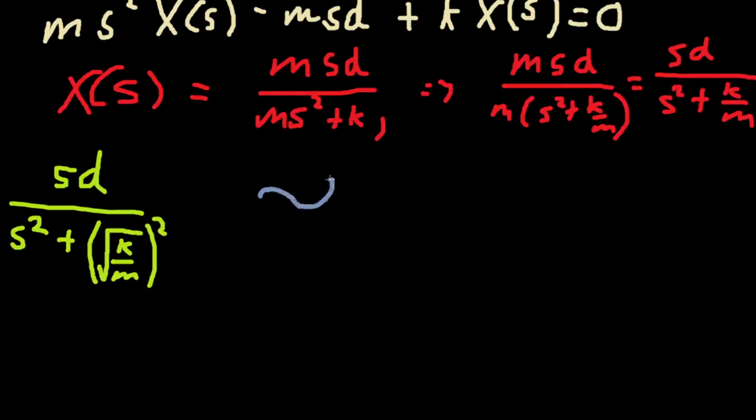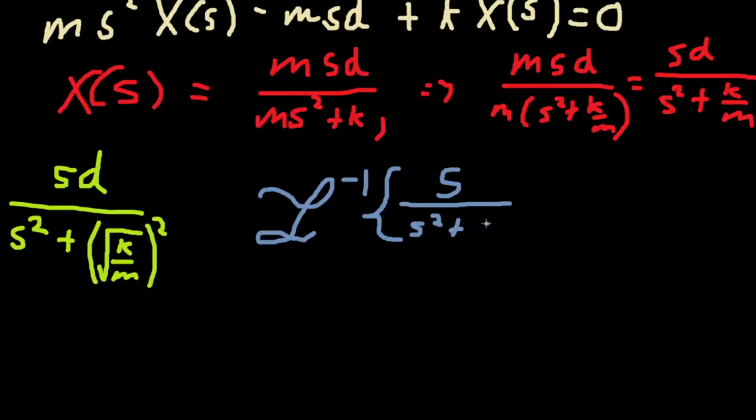The inverse Laplace of s over s squared plus a constant a squared is nothing other than the cosine of the constant a times t.